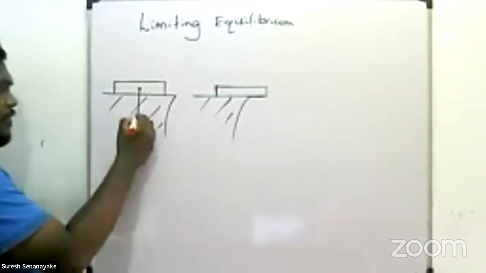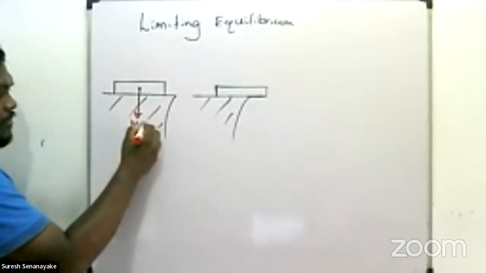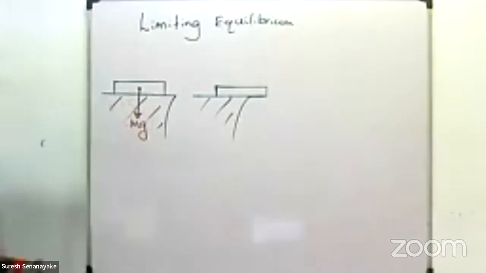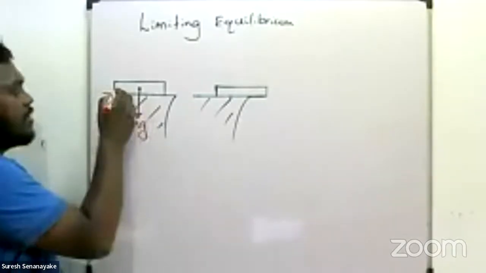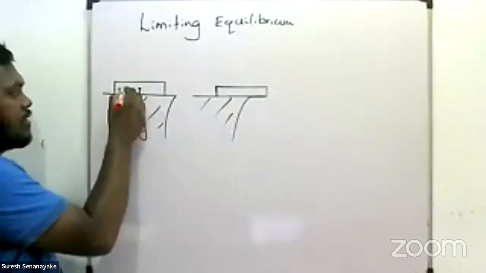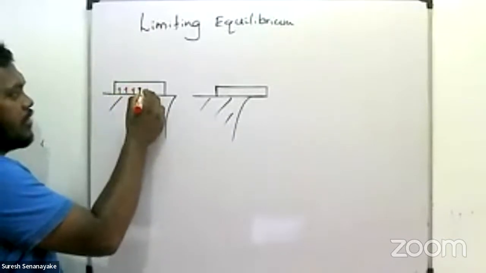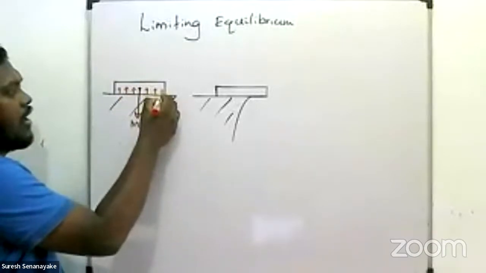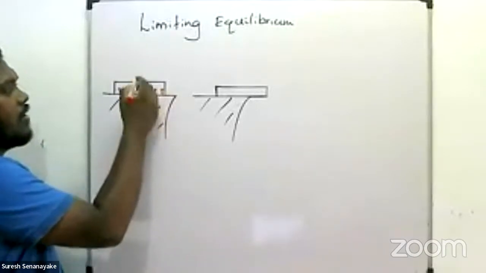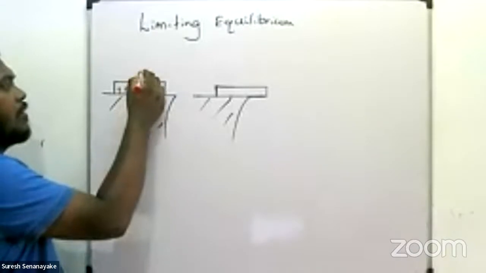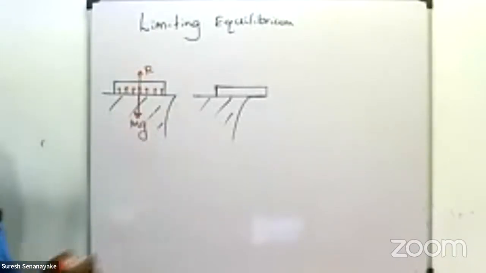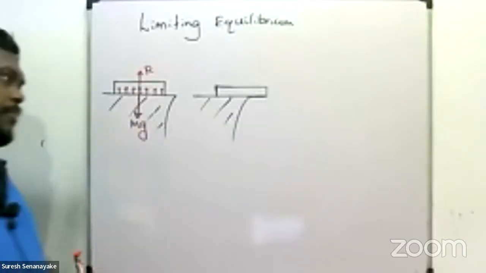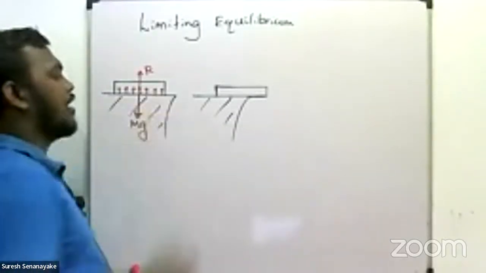On the center of gravity is its weight, and then the normal reaction acts on this body at all the points like this. The resultant of all these, because they act equally, we mark at this point as normal reaction R. The normal reaction does not depend on the surface area.